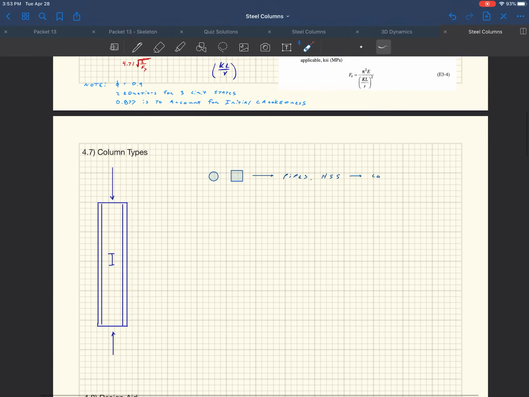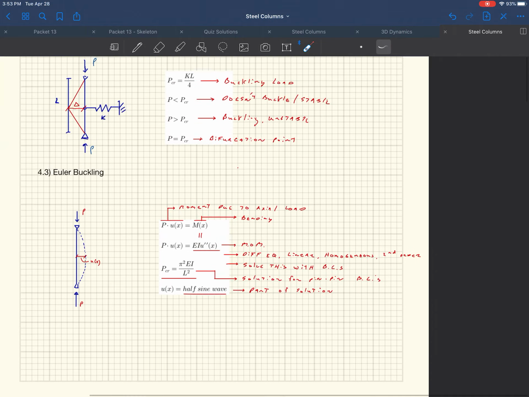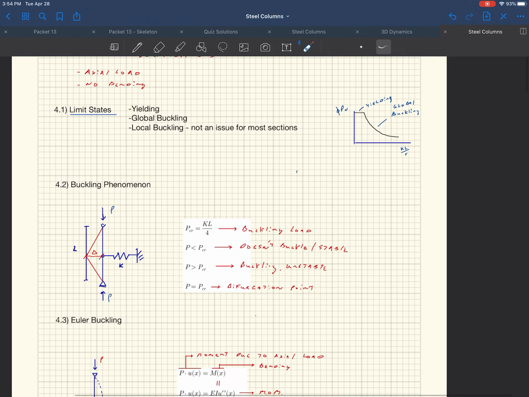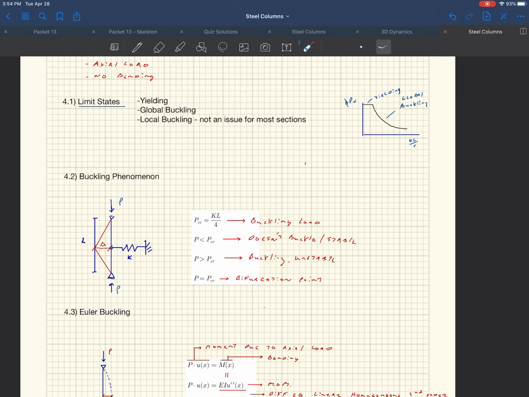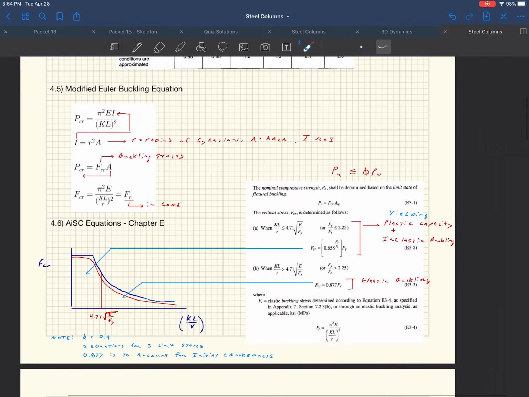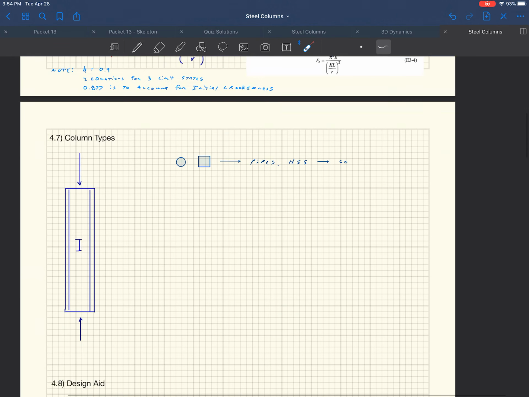Those control any kind of compression member. Chapter E is just design of members for compression. It doesn't necessarily call them columns. Any primary compression member would be covered by this whole section that we're talking about.